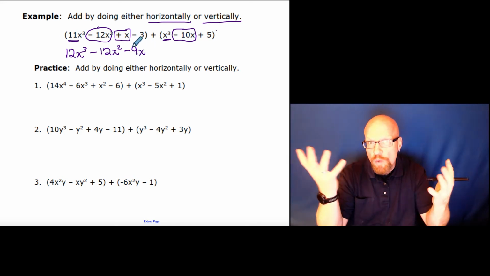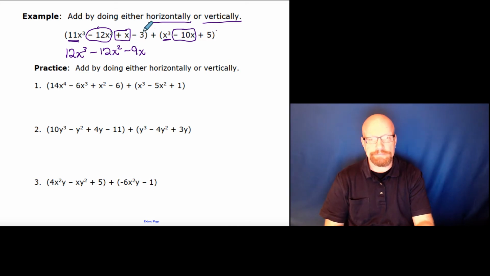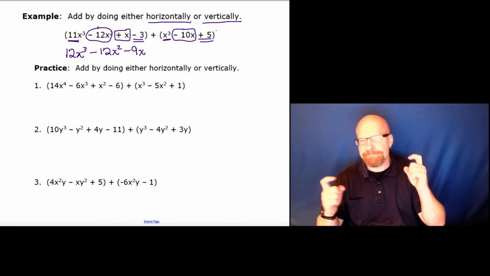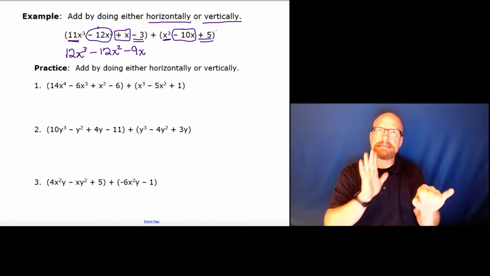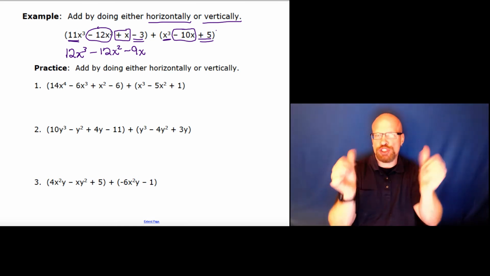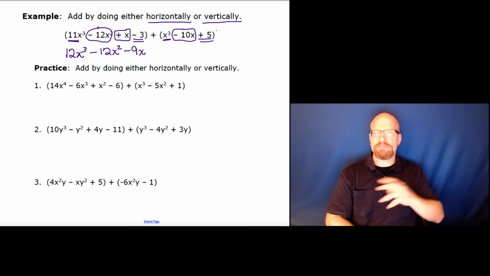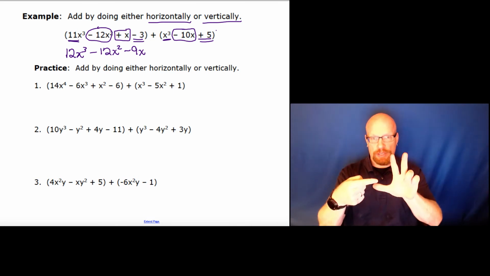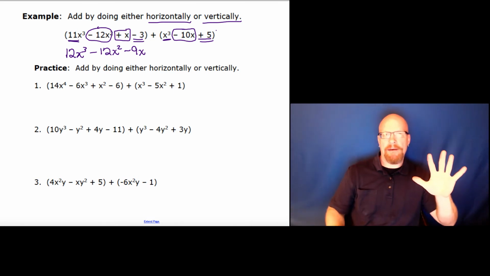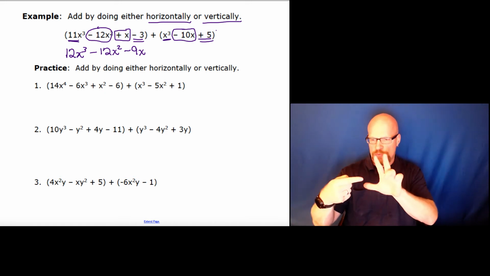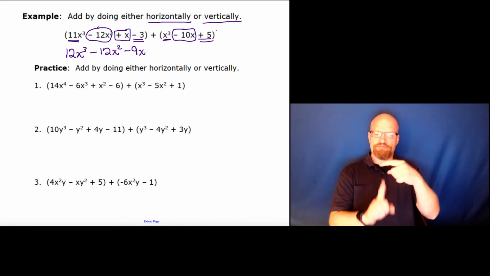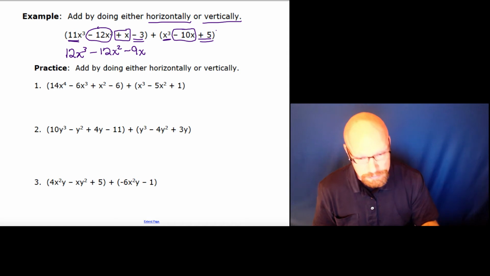Now the last terms: do they have x's? No. So what can I identify as the same? We can use underlining for like terms. We have negative 3 plus a positive 5. So negative 3 plus 5 is positive 2.